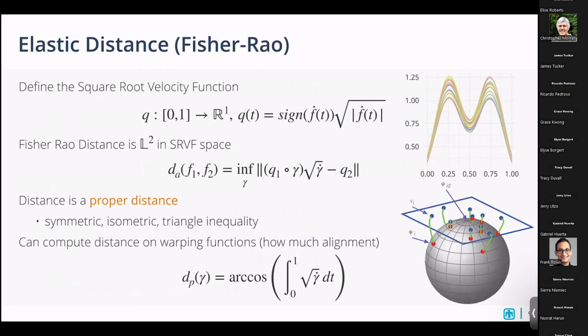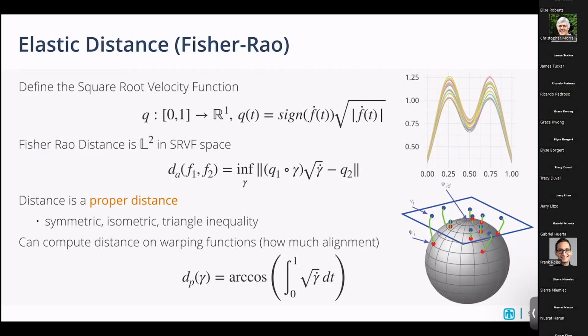The solution is similar to what Bhattacharyya proposed in 1945. We're going to find the square root velocity function q, as the sign of f dot, where f dot is the time derivative of f, times the square root of its absolute value.